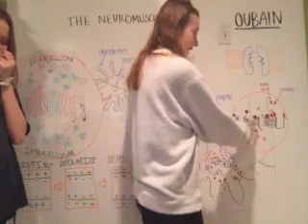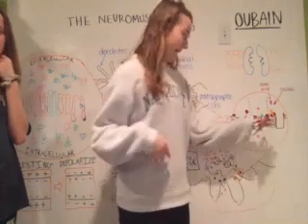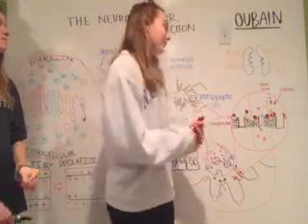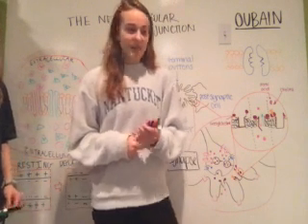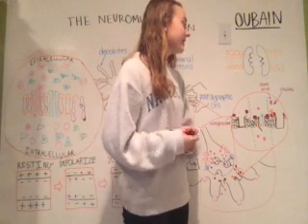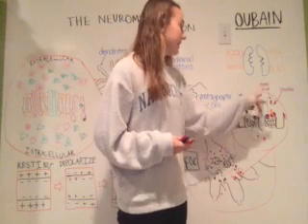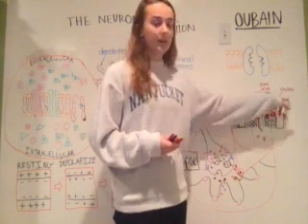So, after this happens, what happens to the acetylcholine? Well, it is broken down by acetylcholinesterase, which is the enzyme that breaks acetylcholine down into acetic acid and choline.